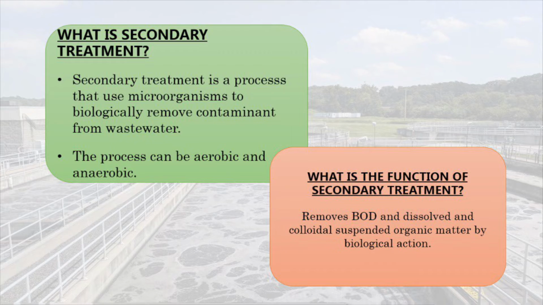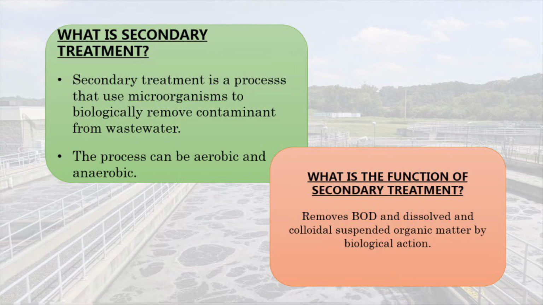Next, what is the function of secondary treatment? The function of secondary treatment is to remove biological oxygen demand and dissolved and also colloidal suspended organic matter by biological action.